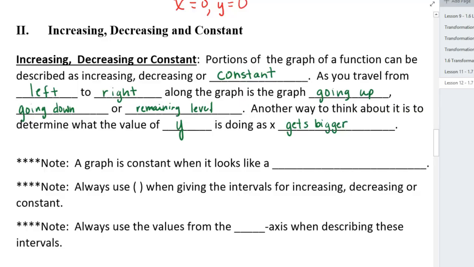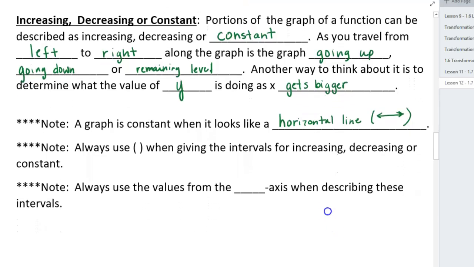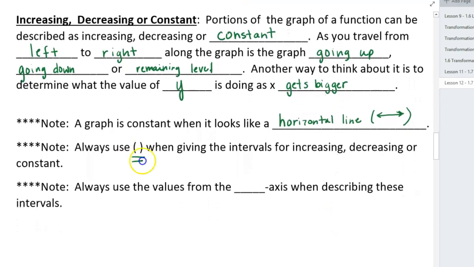So let's make a few notes. A graph is constant when it looks like a horizontal line. So in other words, like this. Another important note is that you always use parentheses when giving the intervals for increasing, decreasing, or constant.